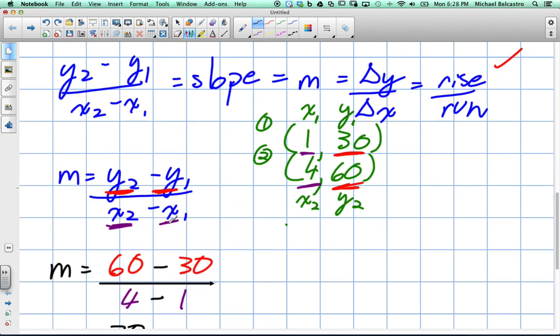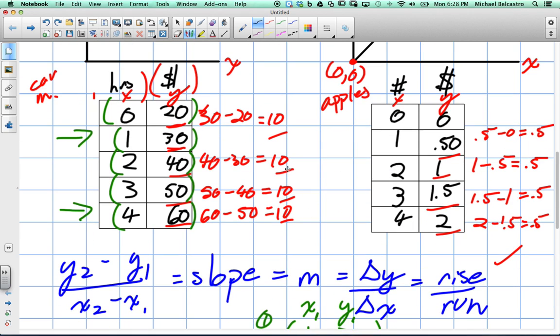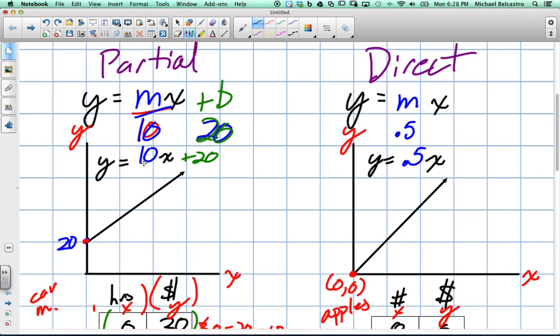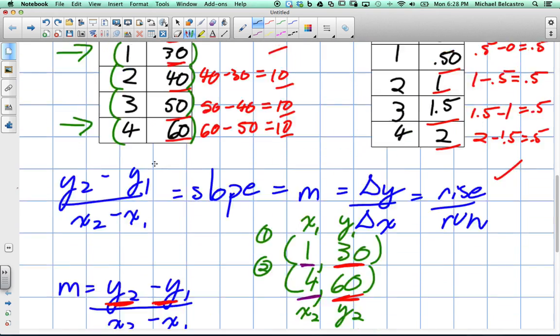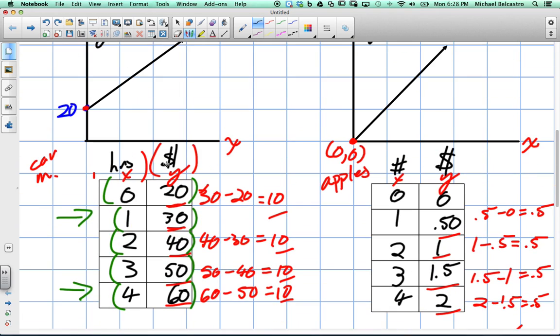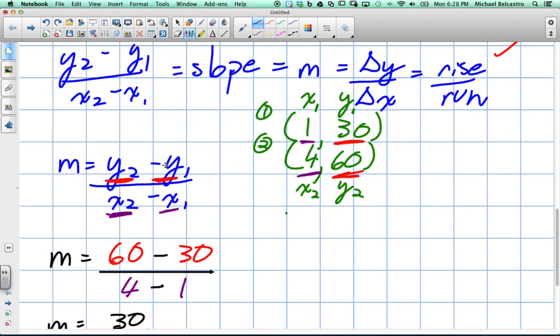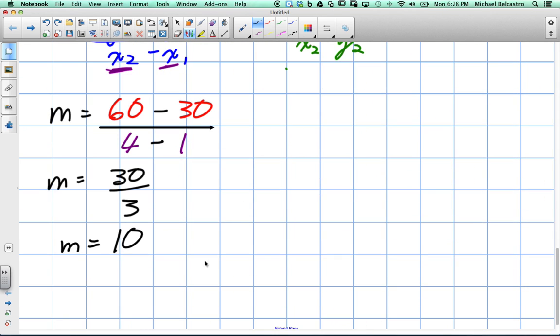And if you remember, that's what we found out when we were doing here, and that was the m value we originally found out. But what's really important also is, remember, we had hours and money, right? Well, we said hours was our x. We said hours was our independent variable, so that was our x. And money was our y. It was our dependent variable. So if you guys recall, I said slope was the change in y over the change in x.